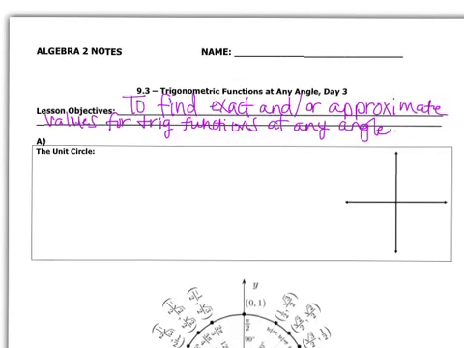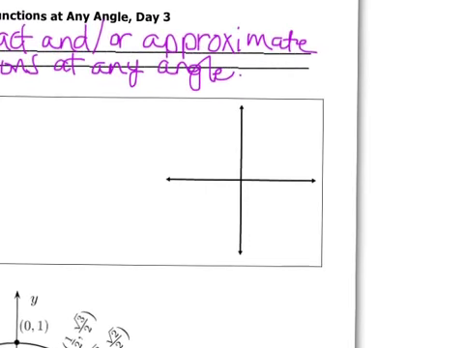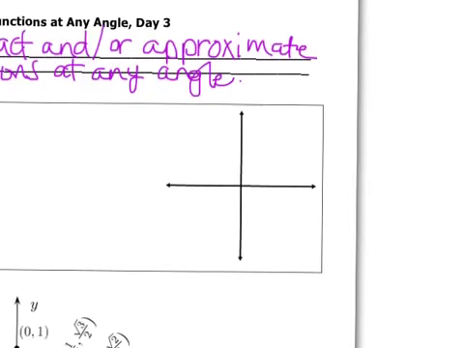Okay, this first part is actually going to look kind of similar to what we did last class. So here's the unit circle. This is a circle centered at the origin with a radius of 1. So in each direction we have a radius of 1.